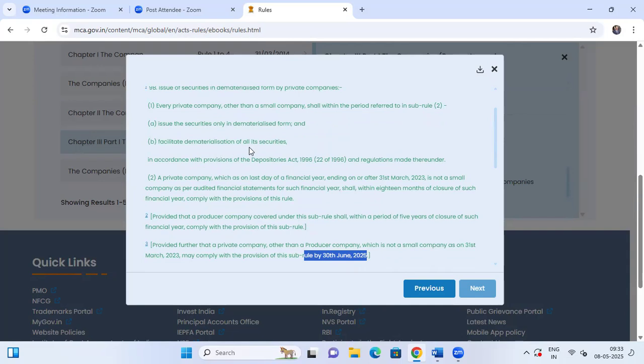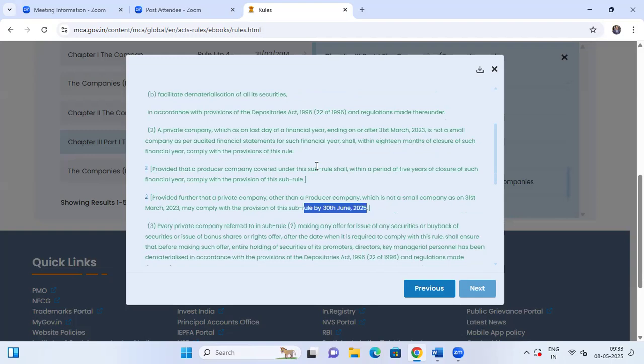So the company has to facilitate, meaning the company has to obtain the ISIN number in accordance with the provisions of the Depositories Act. Depositories, we have CDSL and NSDL, two depositories. So a private company which has a last day of financial year ending on or after 31 March 2023, because this notification has come, so the base has been taken as on 31 March 2023, is not a small company.